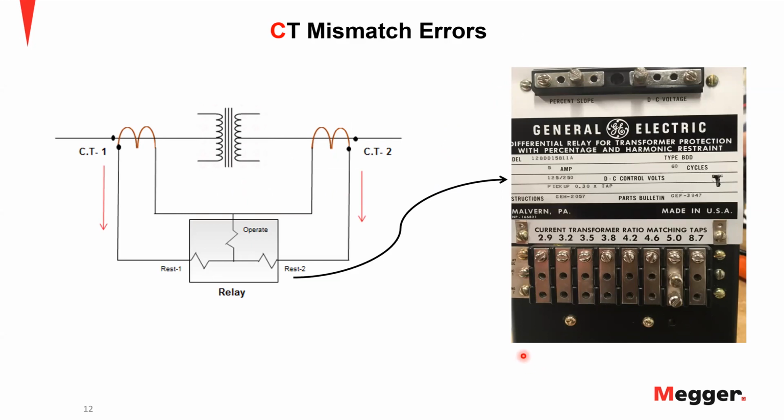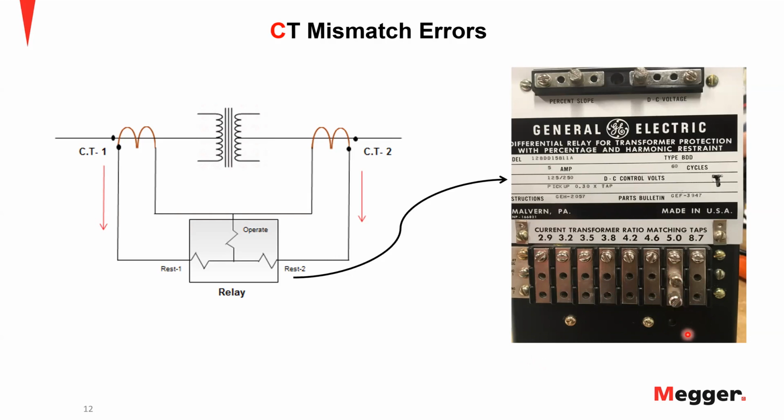Let us take a look at this example. I have an electromechanical relay nameplate shown here in the picture, and it says current transformer ratio matching taps. All these numbers are options for you to choose the tap setting for this relay. In my example, the screws are on tap 5 for both winding 1 and winding 2.